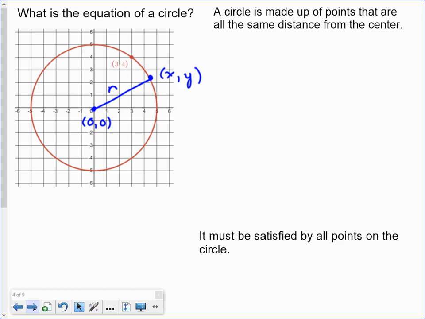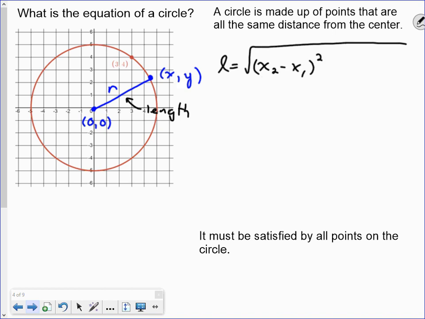So what I'm going to do is figure out the length of this line segment from 0, 0 to x, y. I know that it has a length of r, but I'm going to use the length formula that we've been working with: the square root of (x2 minus x1) squared plus (y2 minus y1) squared.